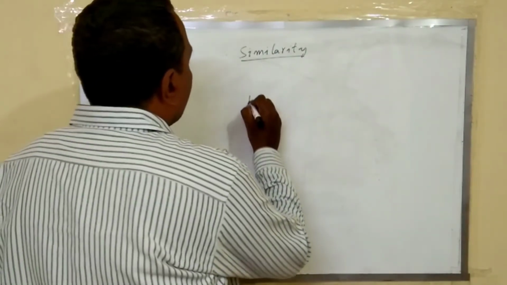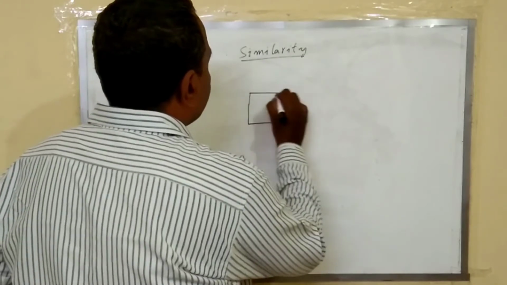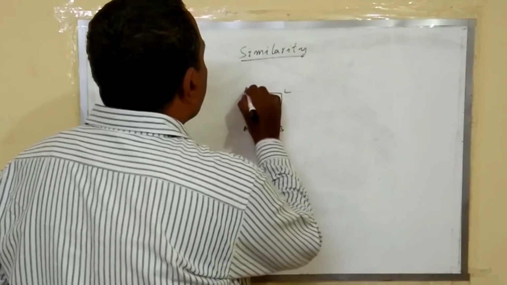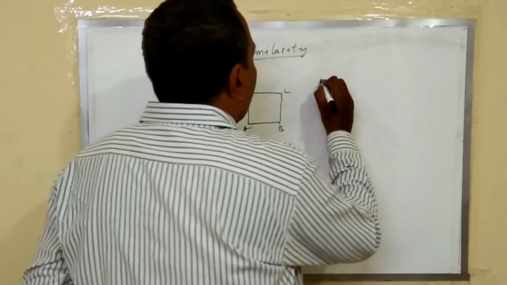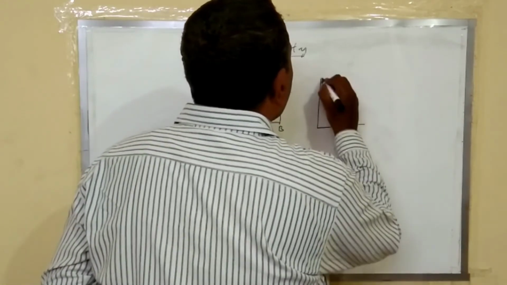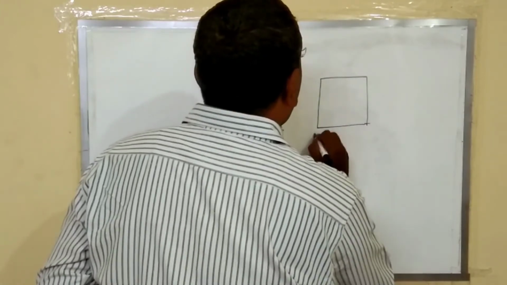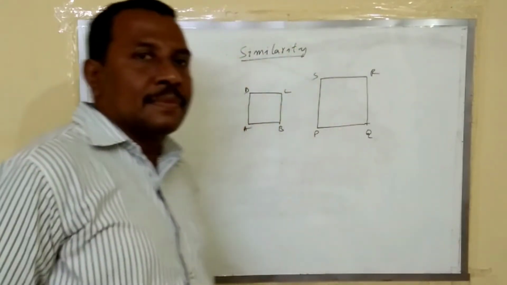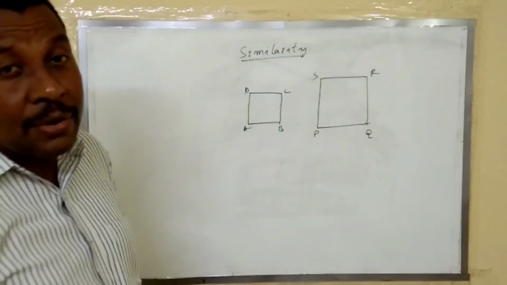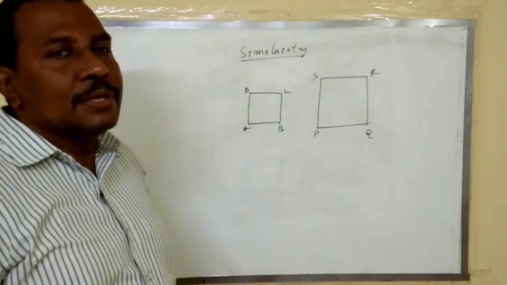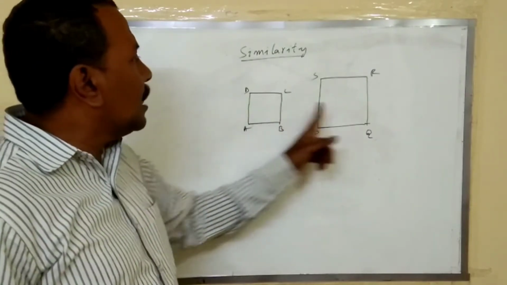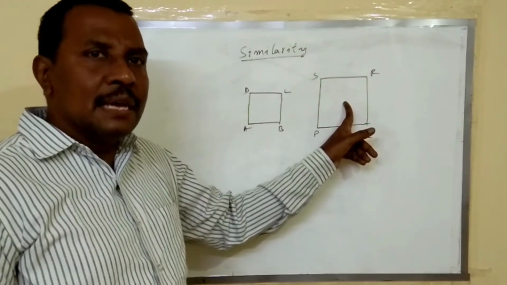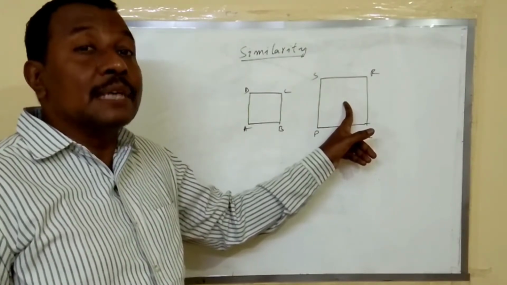I need to take a square A, B, C, D, and I am taking another square P, Q, R, S. Okay, here what did you observe? We observe that these two squares are the same in shape, but what about the size?